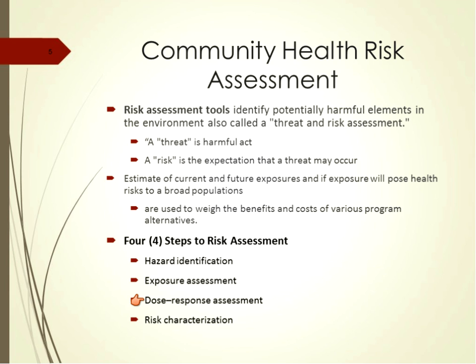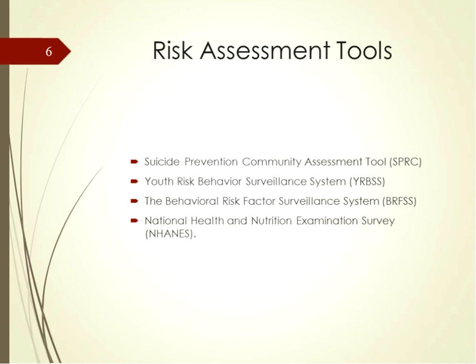Third, dose response assessment is an estimation of how much exposure to the potential hazard would cause varying degrees of health effects. And fourth, risk characterization is an assessment of the risk of the hazardous material causing illness in the population. The overall question the risk assessment has to answer is, how much risk is acceptable?